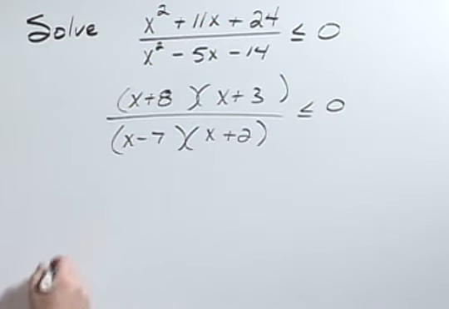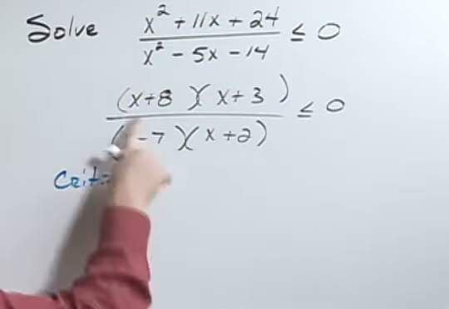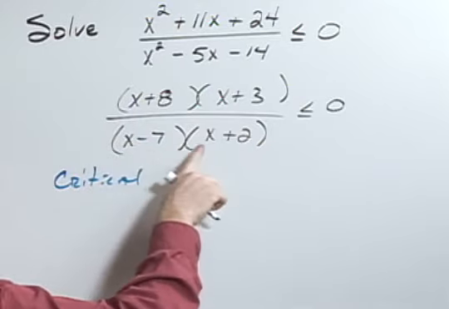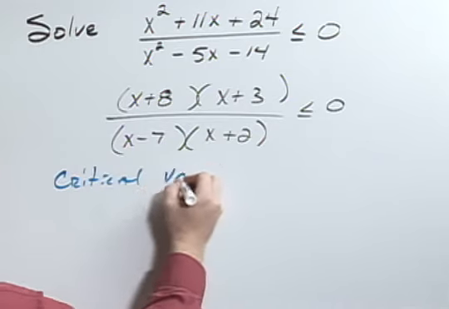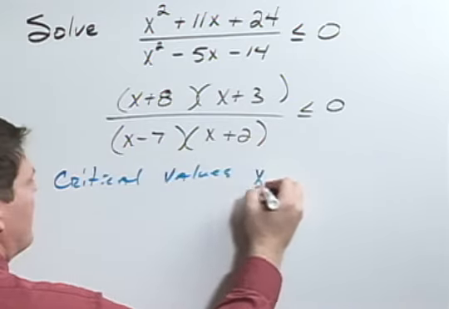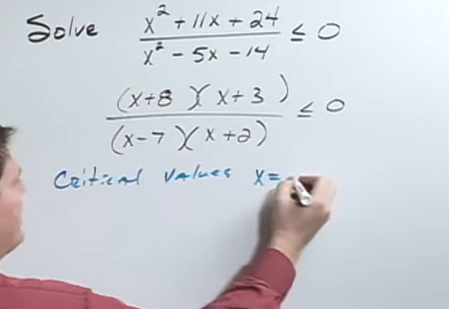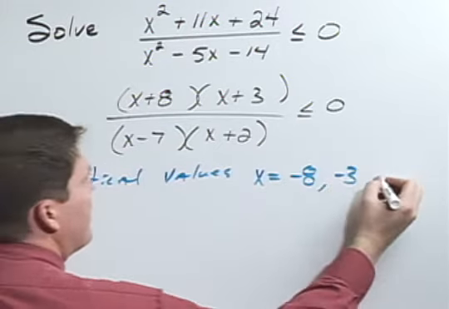Next, I need to find my critical values. My critical values are going to be those that either make this entire statement 0 or make it undefined. From my numerator, I know that negative 8 and negative 3.